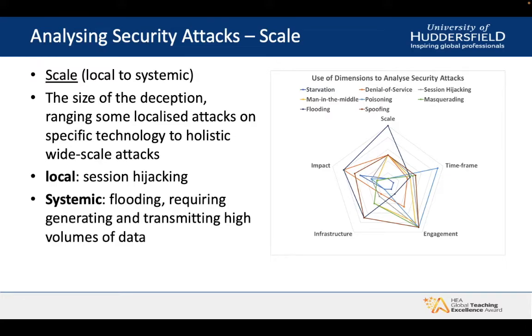So if it's local, such as session hijacking, it's probably communication between a couple of devices. Whereas if we're looking at something systemic, we might be looking at something like flooding, really impacting on distribution across a large area of the network. Sort of like a distributed denial of service attack launching against many parts.